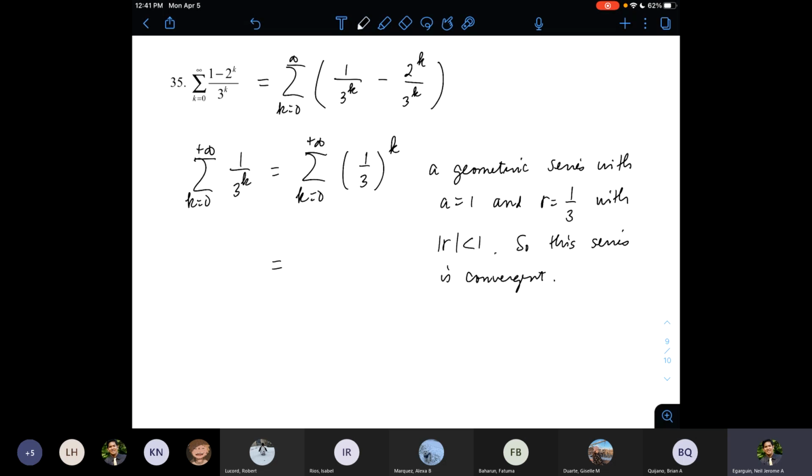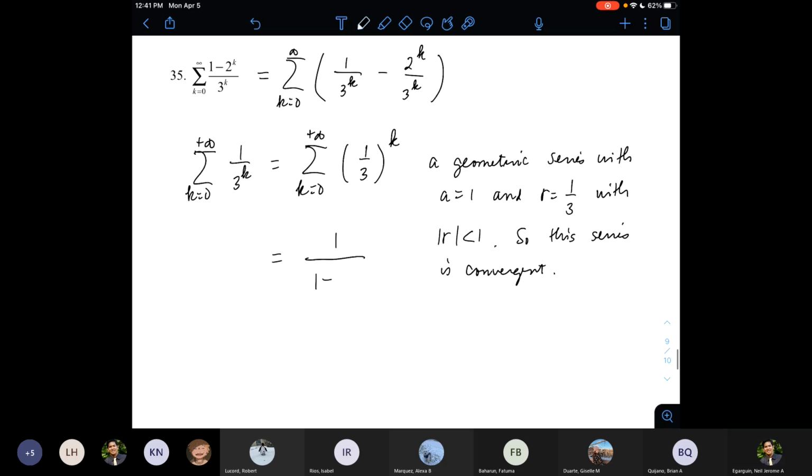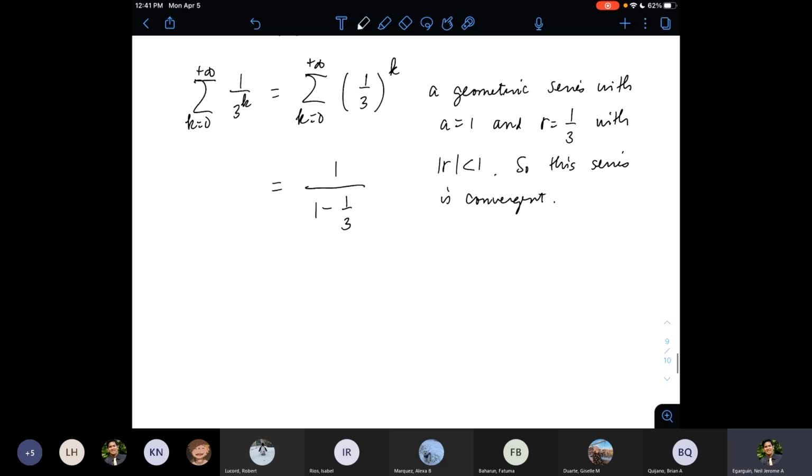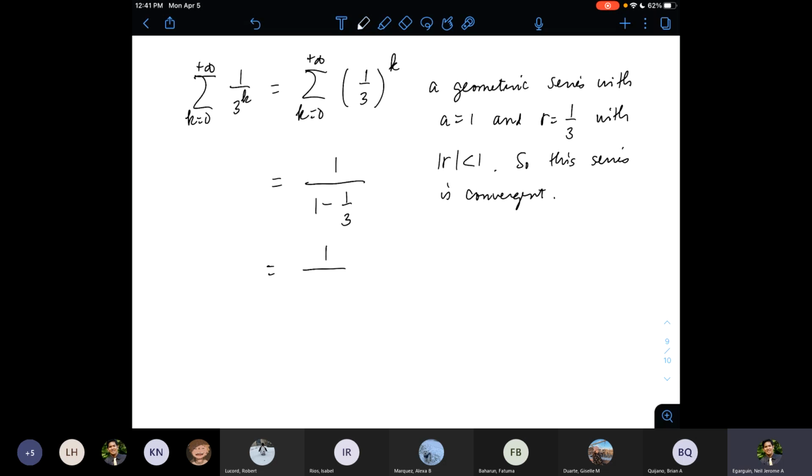Remember, we have a formula earlier that says that if you are starting the summation at k equals 0, and you have a r to the power k, the sum will just be a over 1 minus r. Now, in this particular case, a is 1 and r is 1/3. So basically, this will become 1 over 2/3. And this would be 3/2, right?